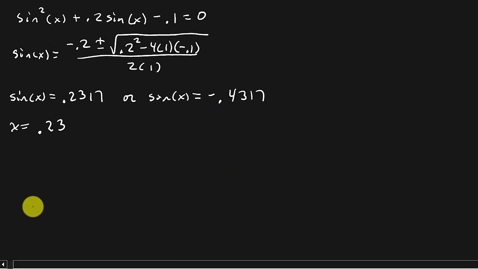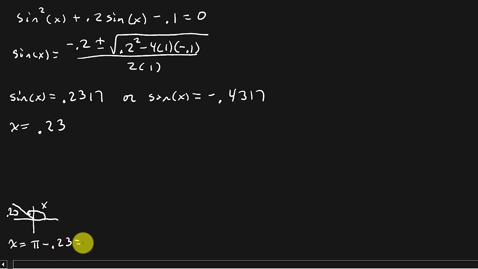So now I've got to find my second quadrant angle. Let's come down here. There's my second quadrant angle, there's x, and there's my reference angle, 0.23. So x is 180 minus the angle, but since we're in radians, pi minus 0.23.